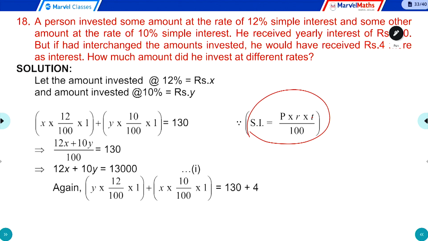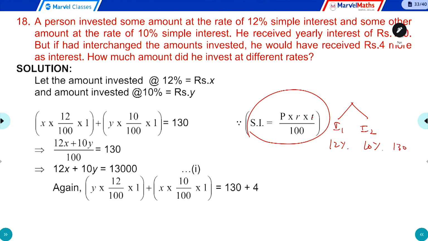Now, a person invested some amount at the rate of 12% simple interest and some other amount at the rate of 10%. For example, there are two investments, investment 1 and investment 2, with 12% interest here and 10% interest here. He received yearly interest of 130 rupees.